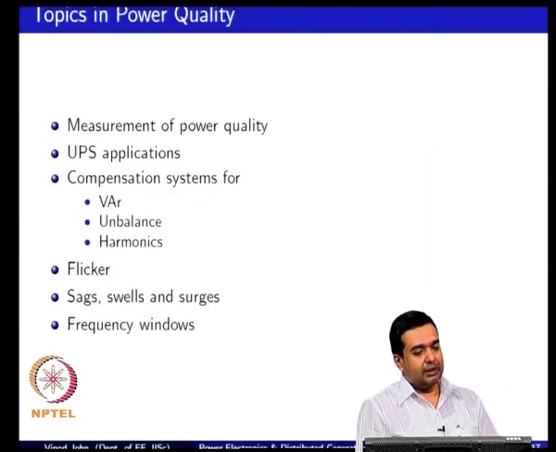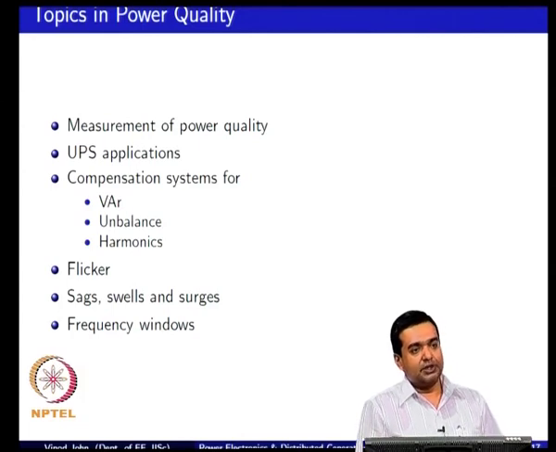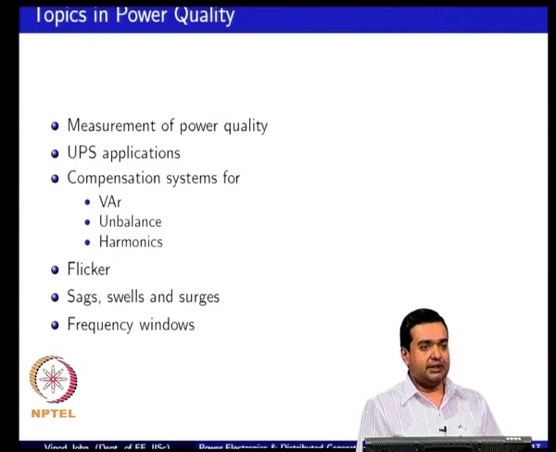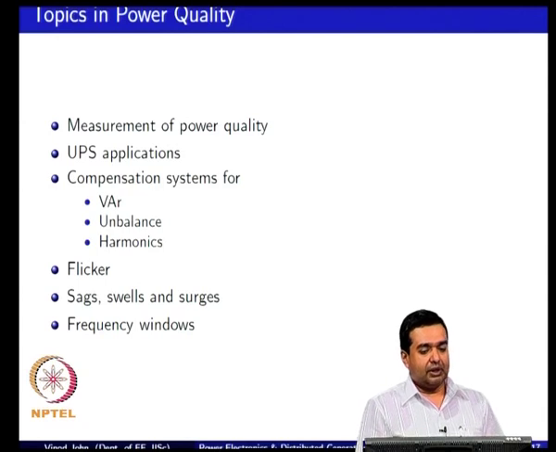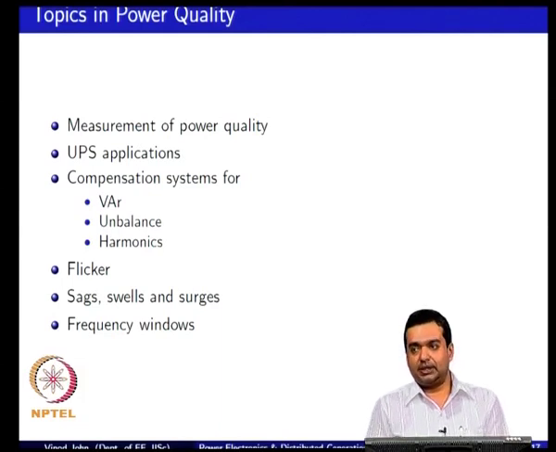If you look at power quality related issues, one of the first questions is how do you measure power quality, and we will have some discussion about that. That is important to justify adding equipment which addresses power quality issues, such as a UPS. Power quality is not just an issue from the customer side.